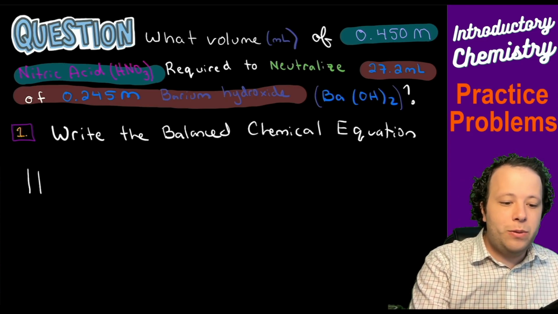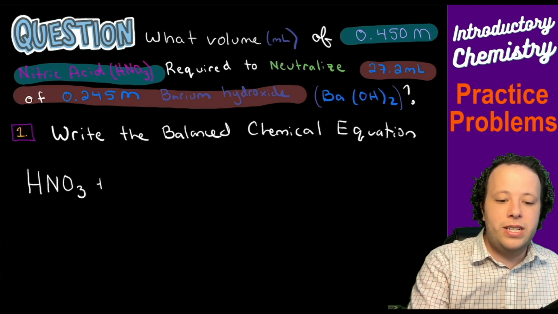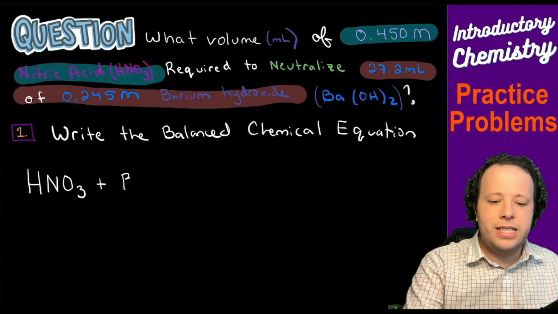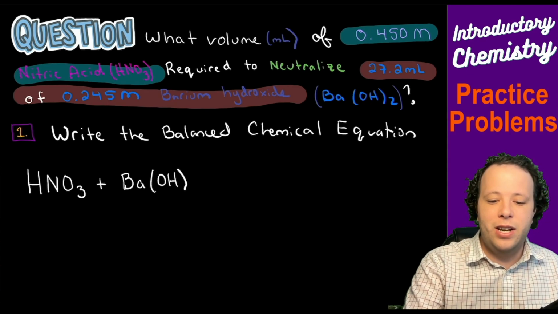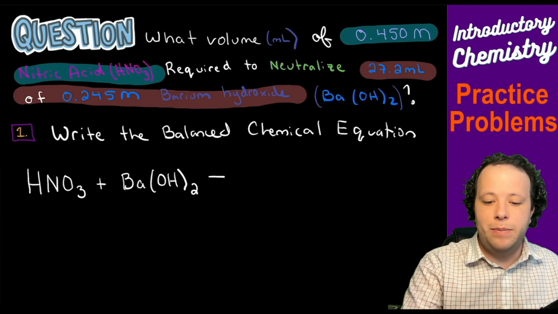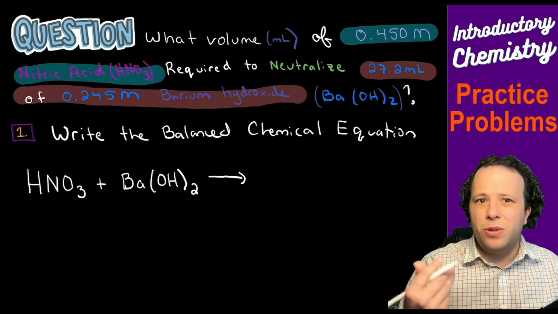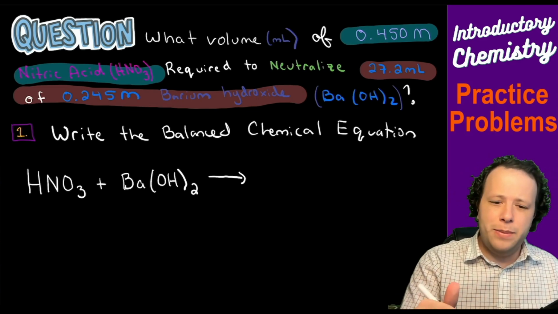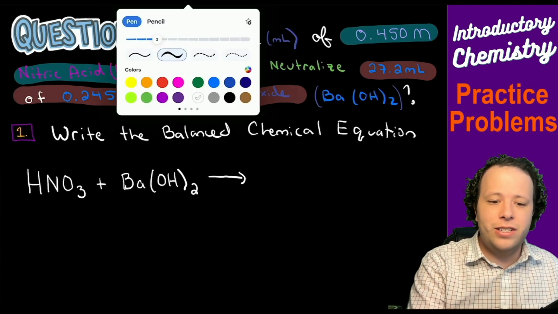So the first thing we had was nitric acid, and it said it was neutralizing, or reacting with, barium hydroxide. So it's an acid-base reaction, right? Nitric acid is an acid, barium hydroxide is a base. So with this, what kind of reaction is it? If you don't remember reactions, go to my types of chemical reactions video.